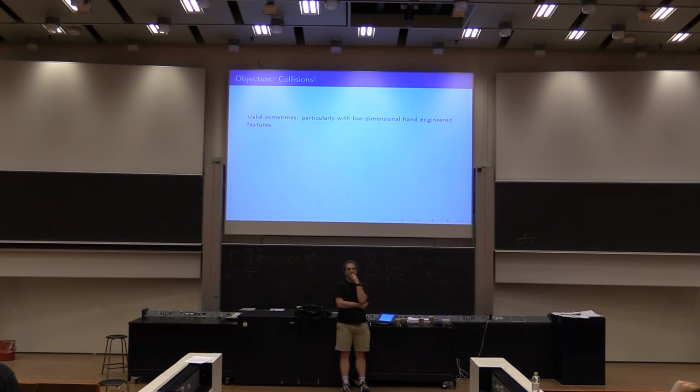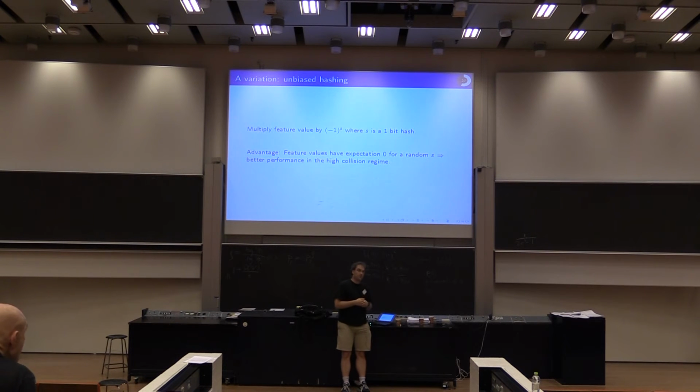Yeah? Why does that improve the collision loss? Well, it doesn't reduce the number of collisions, but okay, so let's say that we have a feature vector, and we map it via some hash function into a vector space.